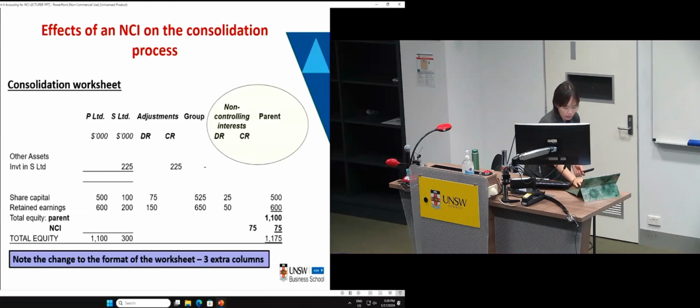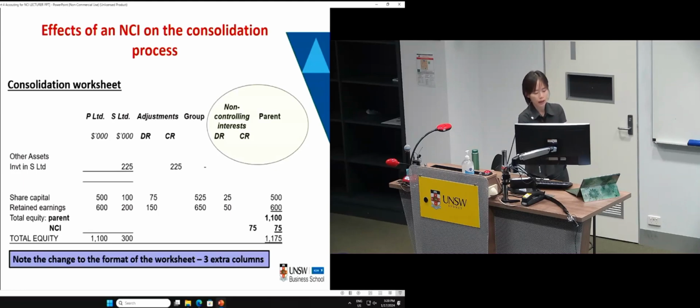Now you might notice it's different from the worksheet we used earlier, right? Now why is it necessary to change the format of the worksheet where NCI exists in the group? Now, as the AASB accounting standard as well as International Financial Reporting Standard requires the disclosure of the equity of the group as well as the relative proportions of the equity that belongs to the parent's shareholders and the NCI.